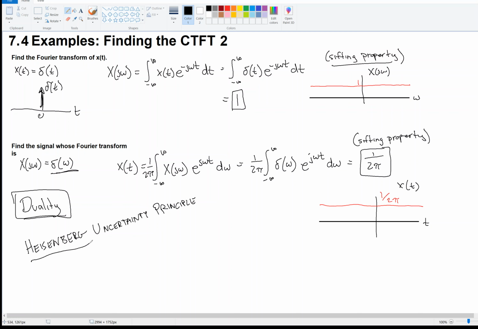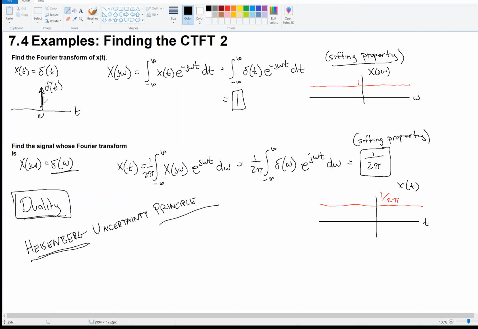This is actually a quantum mechanics law or principle. It says the following: the more you know about something in time, the less you know about it in frequency, and vice versa. Why is this a quantum mechanics thing? I don't want to get into that, but it's true here.